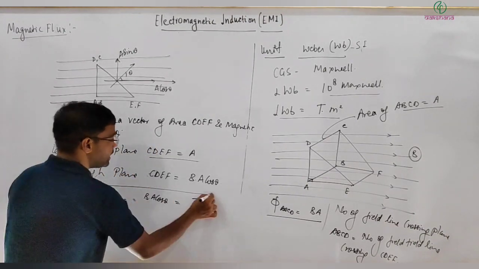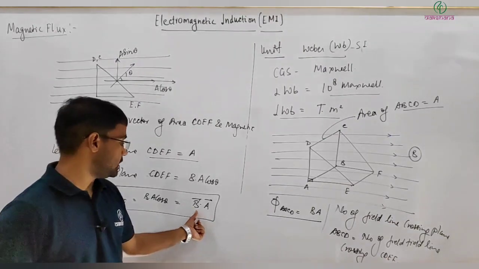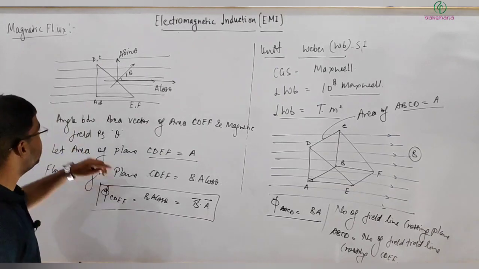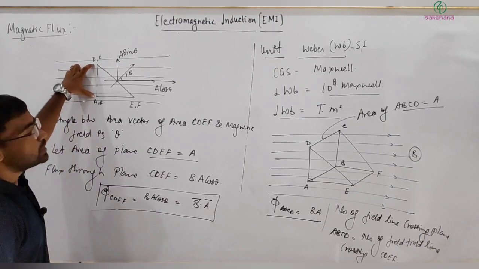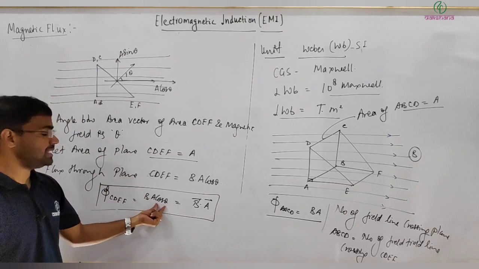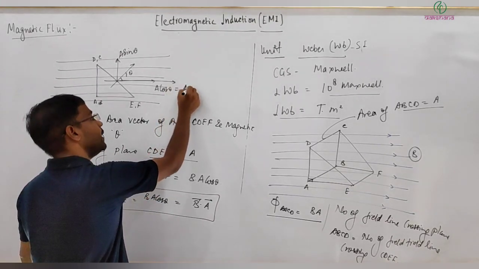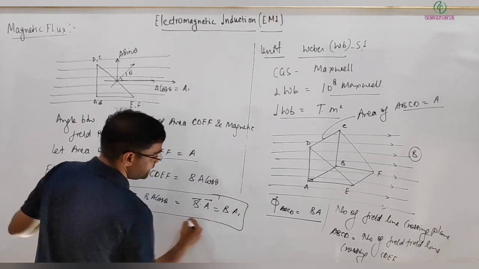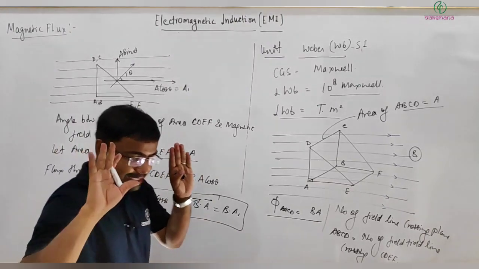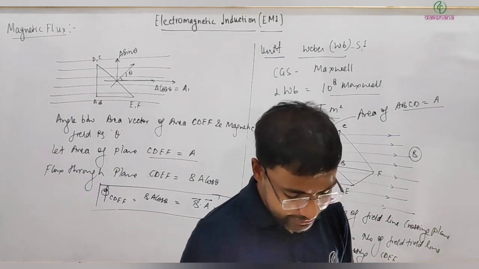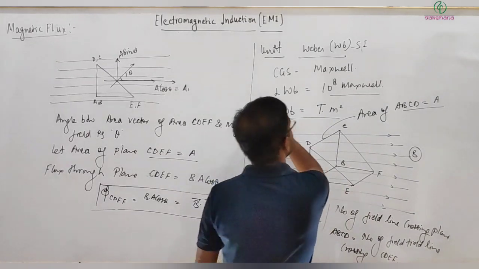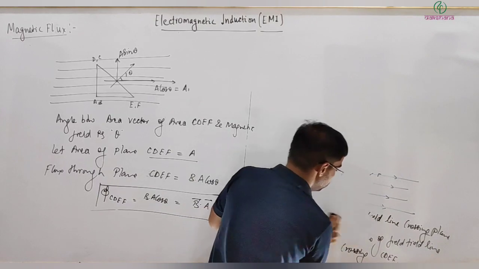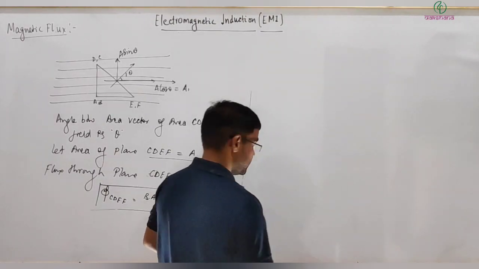So that way we can write flux in terms of the dot product of area vector and magnetic field, and you can see here exactly. This area is A cos theta, so you can write magnetic field into this area. If I write this as, let's say, A1, then this is also equal to B into A1. So it's exactly the same thing. In simple terms, magnetic flux is given by the dot product of area vector and magnetic field vector, where theta is the angle between area vector and magnetic field.